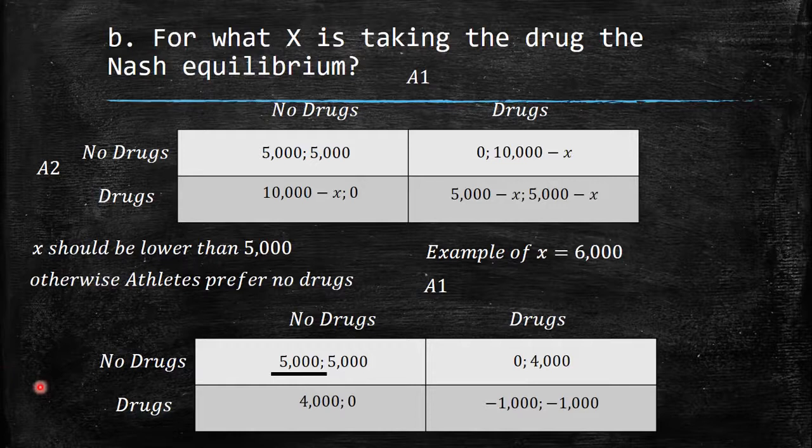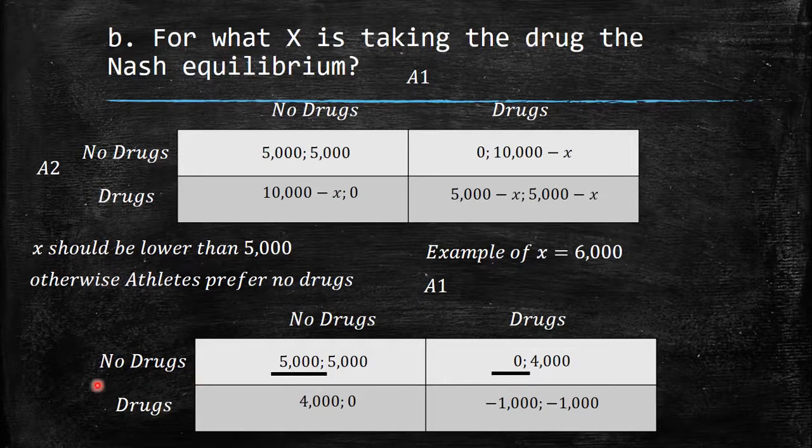So here is athlete 2, so then athlete 1 is going to take no drugs. So what should be better, 5,000 or 4,000? Should be better, naturally, 5,000. Then this one, what do you prefer, minus 1,000 or 0? Should be definitely better, 0.